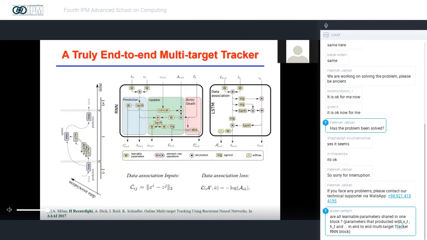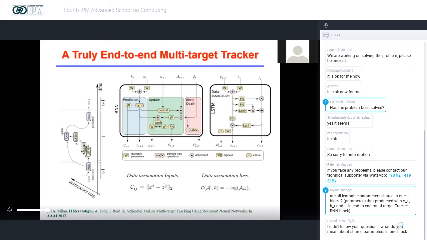As I said, this deals with all of the things happening in multi-target tracking, or long-term learning of initiation and termination by relying on recurrent modules, and it also learns data association, the motion and measurement, and the update module, how to update the state from the measurement.